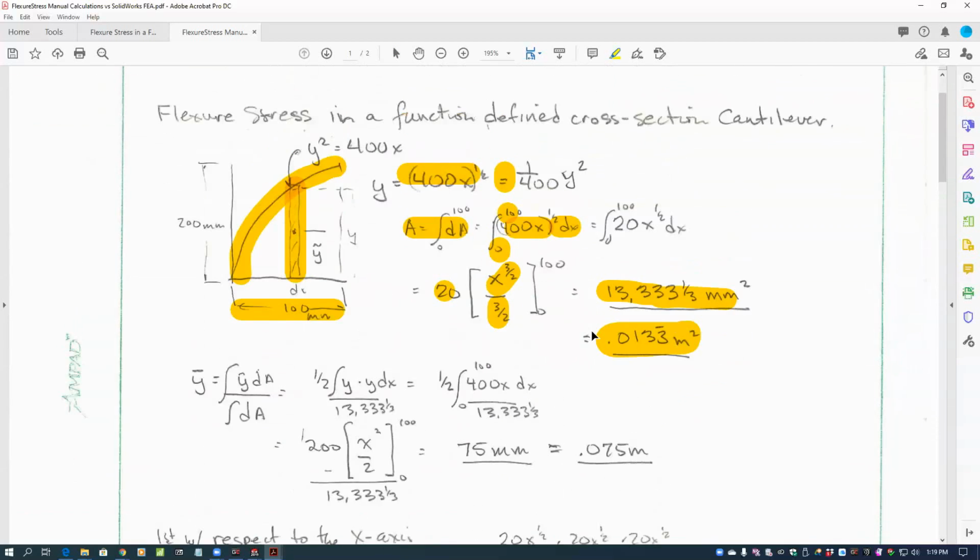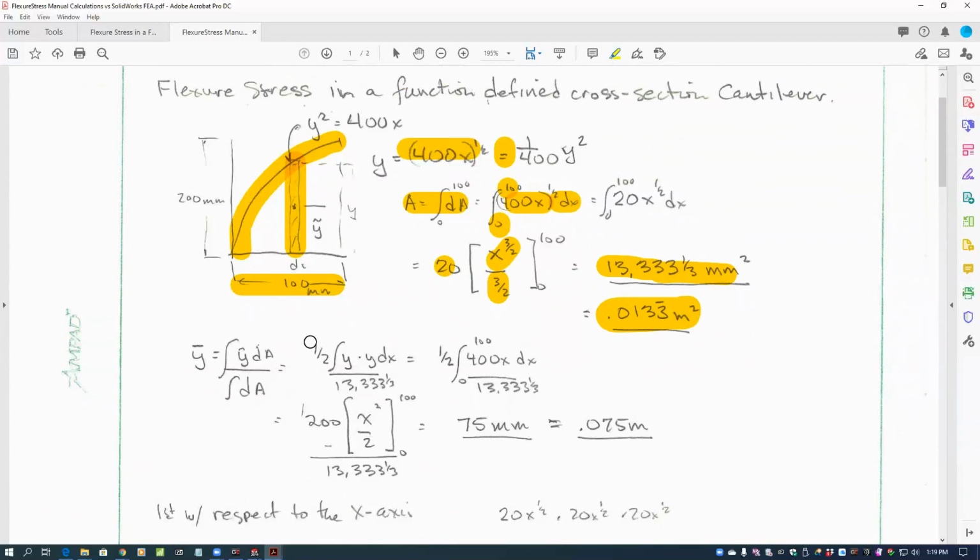Our y bar, or the distance to the centroid from the x-axis, is y dA over dA, and y tilde, the height of our distance from the x-axis up to the centroid, would be 1/2 of the total height of y. In other words, the function here, y, is up here. So the height of our centroid is 1/2 of that.